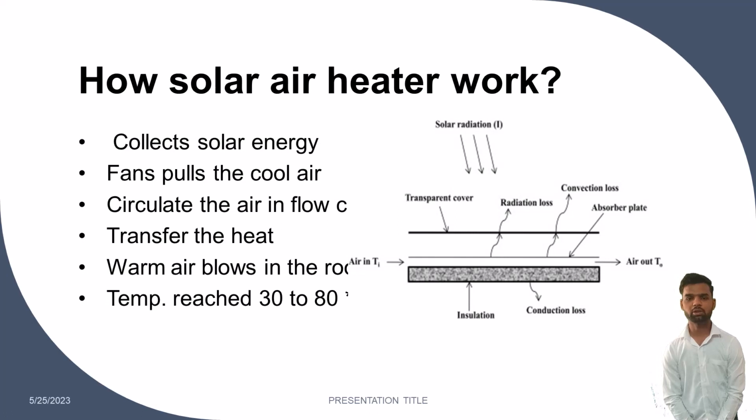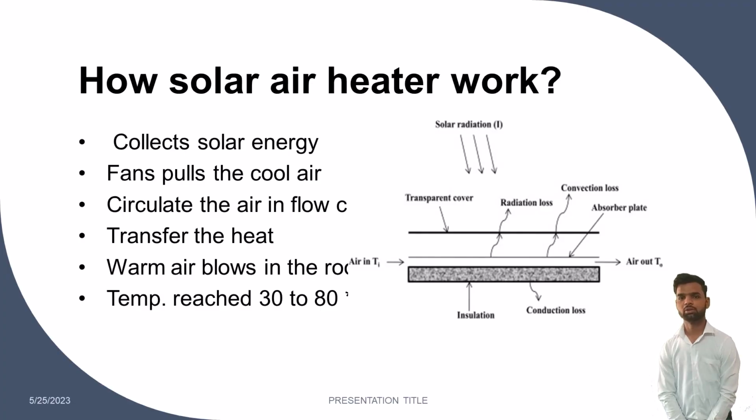Only solar radiation enters the chamber. Fans pull the cool air from the inlet. After that, this cool air gets heat energy in the chamber. An insulated layer is attached at the bottom to avoid the problem of heat leaking. In the last step, hot air is sent out from the outlet with the help of a blower to the wanted place.